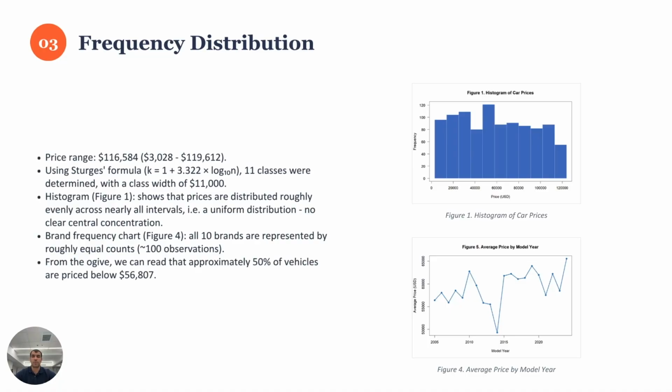Figure 4 shows brands are similarly balanced, and we found about 50% of cars are priced below $56,807. Now I will hand over to Mustafa, who will talk about central tendency, variation, and confidence interval.